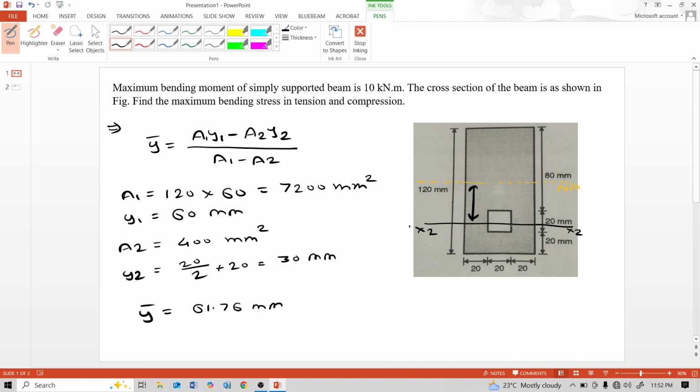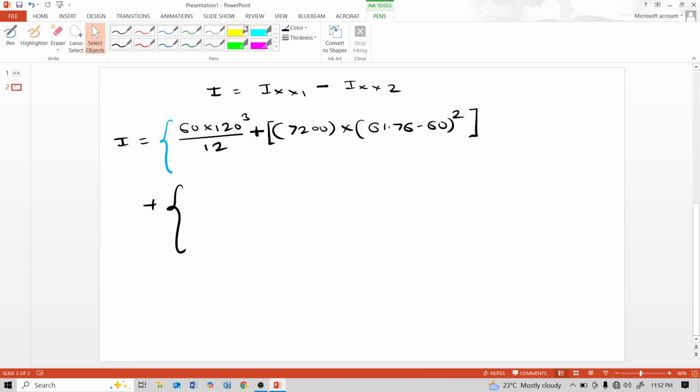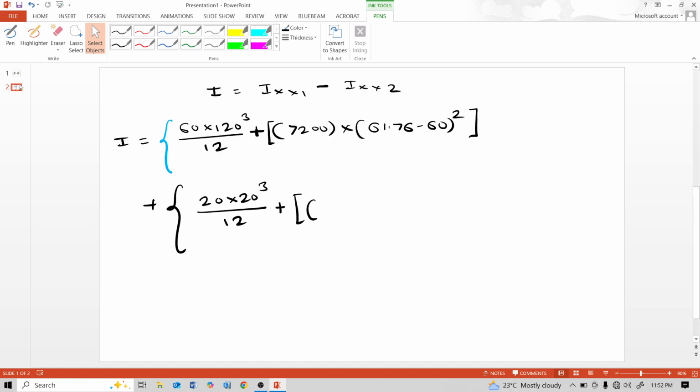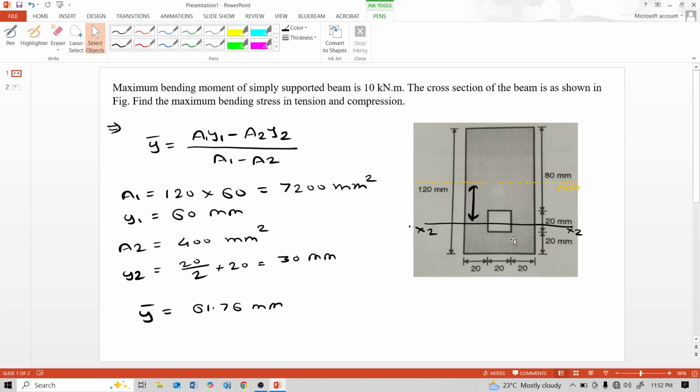That means the moment of inertia for a square is a raised to 4 by 12, that means 20 raised to 4 by 12, or written in this form, 20 into 20 cube by 12, plus the area of the square, 400 mm square, multiplied by the distance between this full section's neutral axis and the x2 axis.